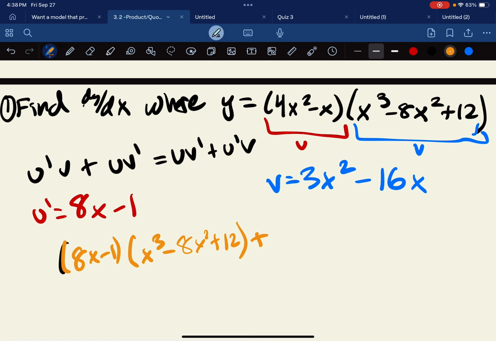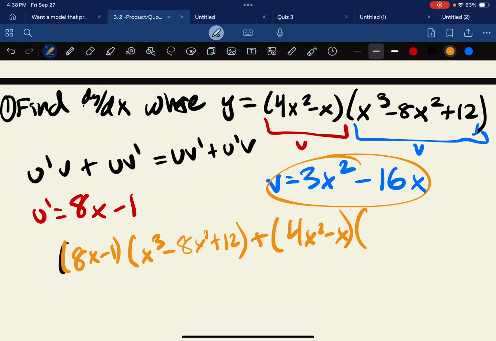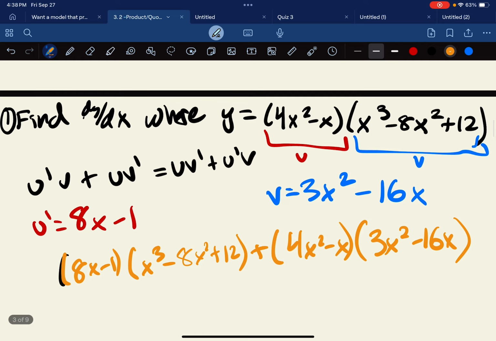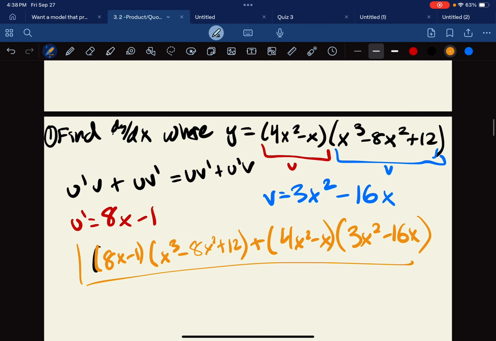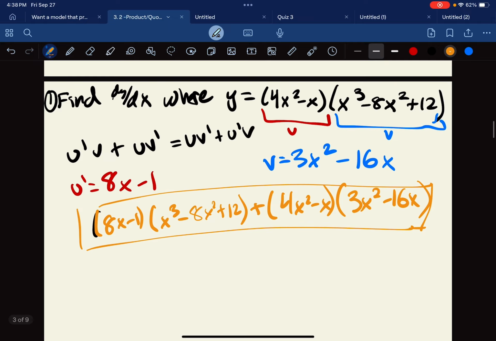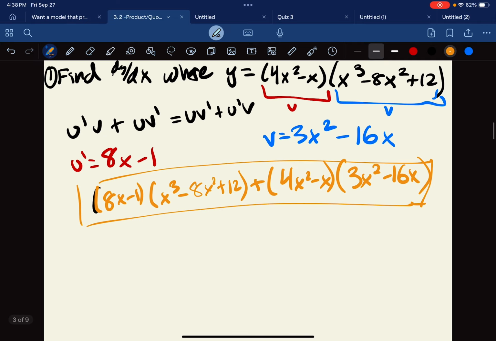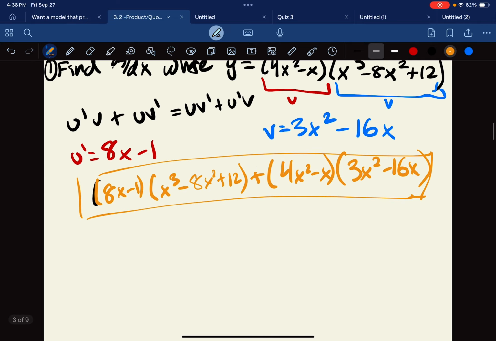And then plus U, our U is just this, 4x squared minus x. And then our V prime is 3x squared minus 16x. Okay. So then that would be our answer there. So this whole thing would be our answer there. You generally will not have to expand these and quote unquote simplify them. You will generally be able to leave it like this and just circle it.